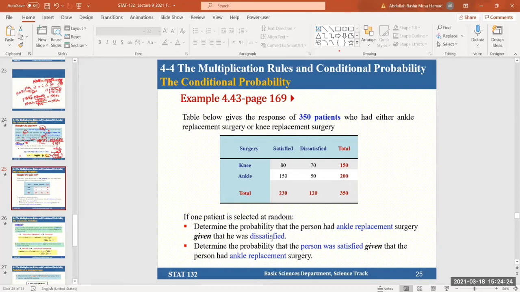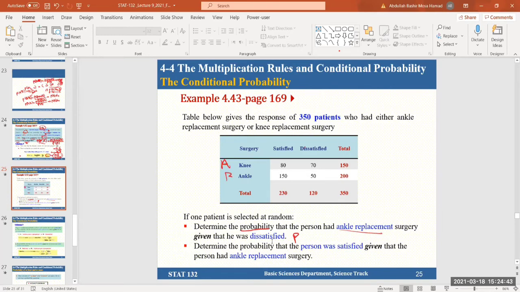Okay, first, how to write the question. Find the probability, so it is P. Let's label the classifications A, B, C, D to make it easy.